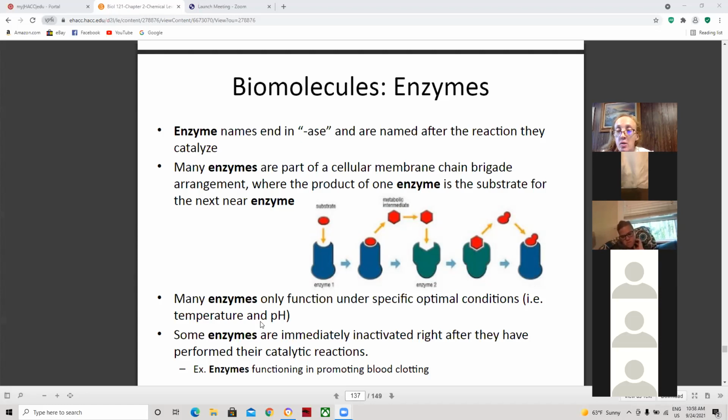However, they only work at very, very low pHs. It has to be a very acidic environment. And at the normal blood pH of 7.4, those proteases that are amazing in the stomach are inactive.